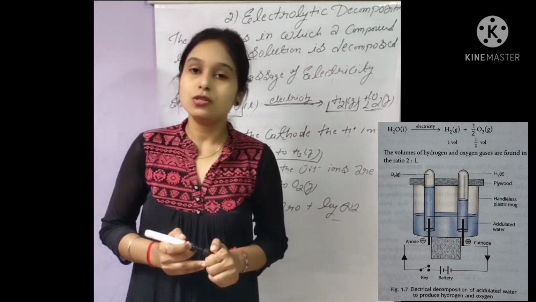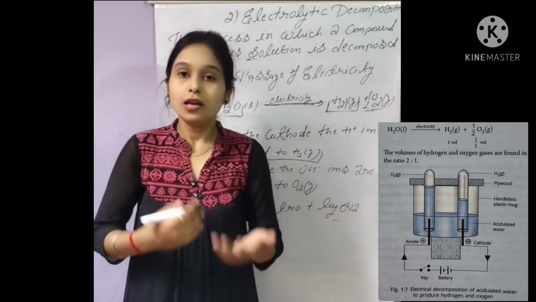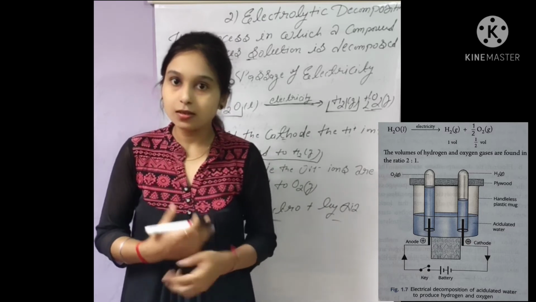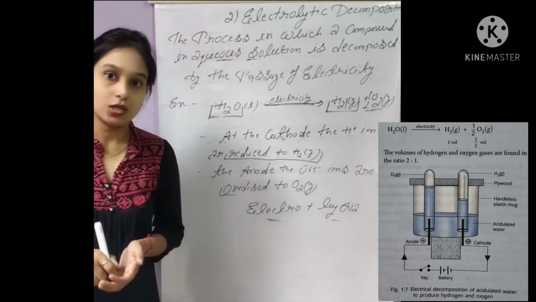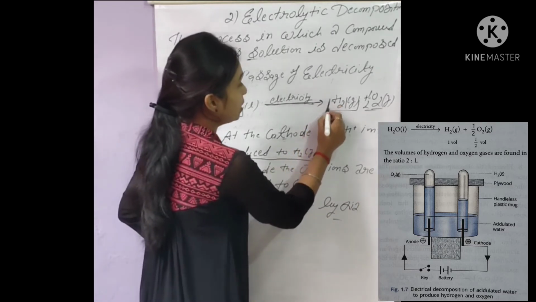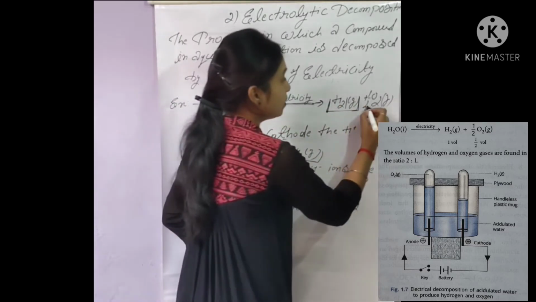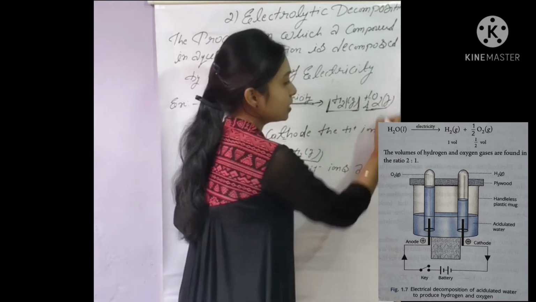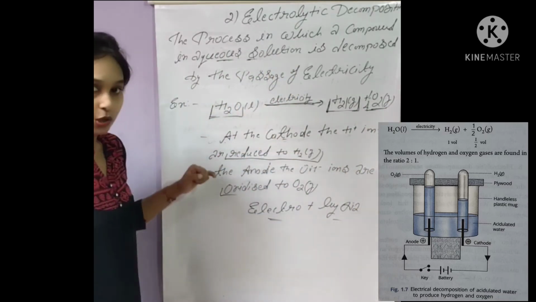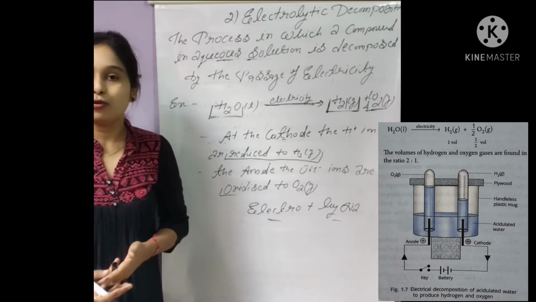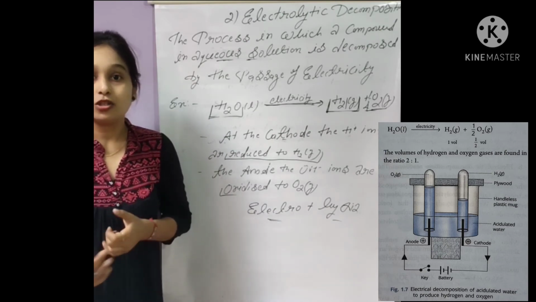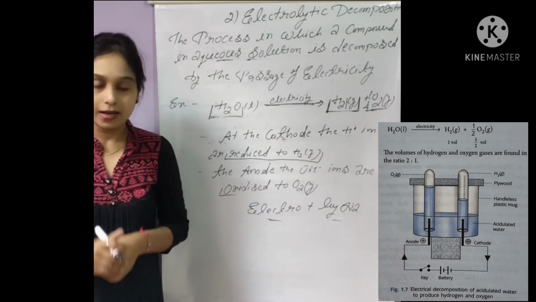Oxidation reaction involves combining with oxygen and removing hydrogen. So our H2 is a reducing condition and our oxygen is an oxidized condition. Okay, so this reaction involves electric energy for the decomposition reaction.